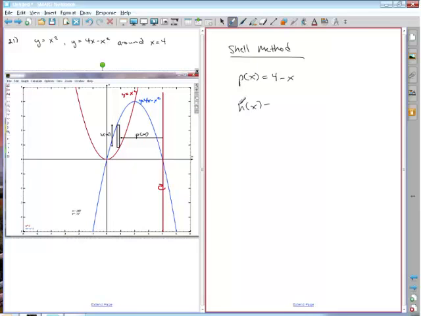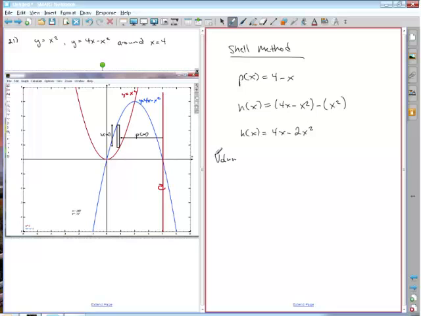h of x is the upper curve, which is the blue curve, so we have 4x minus x squared. And then we subtract off the lower curve, which is y equals x squared. So we get 4x minus 2x squared, because negative x squared gives us negative 2x squared.